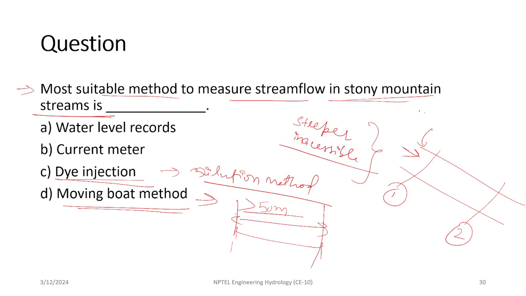I am just saying that I am adding 20 milligram per liter of salt solution in this region, and now I am trying to get the value at section 2. There are direct measurement in situ instruments which can directly measure the level of salt at this location. So based on that, I get somewhat a value, maybe 16 milligram per liter.